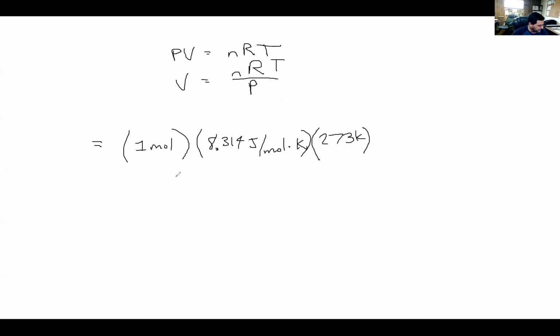So 273 K. Standard pressure, again, is 1.013 Newton per meter squared, or 101.3 kilopascals.